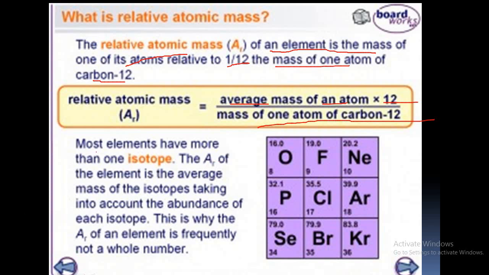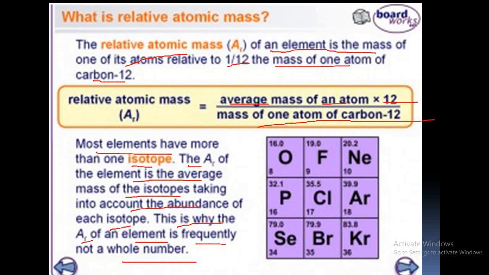Most of the elements have more than one isotope, and that is why the relative atomic mass of the element is the average mass of the isotopes taking into account the abundance of each isotope. We'll see in the next slide. This is why the relative atomic mass of an element is frequently not a whole number, it is a fractional number.